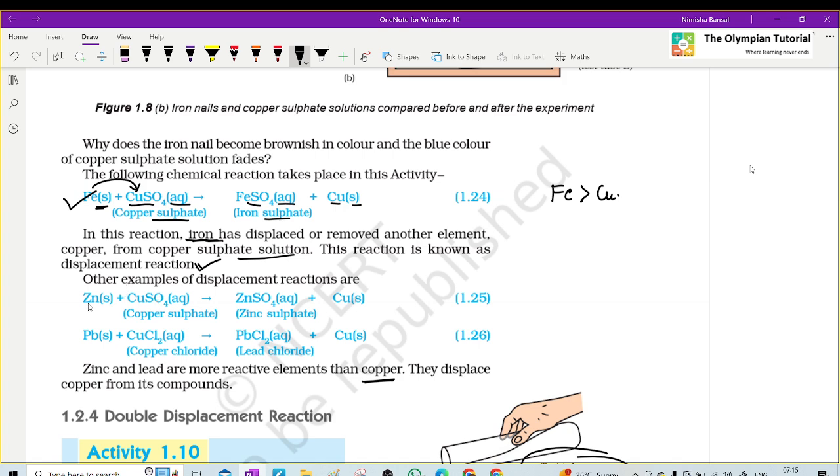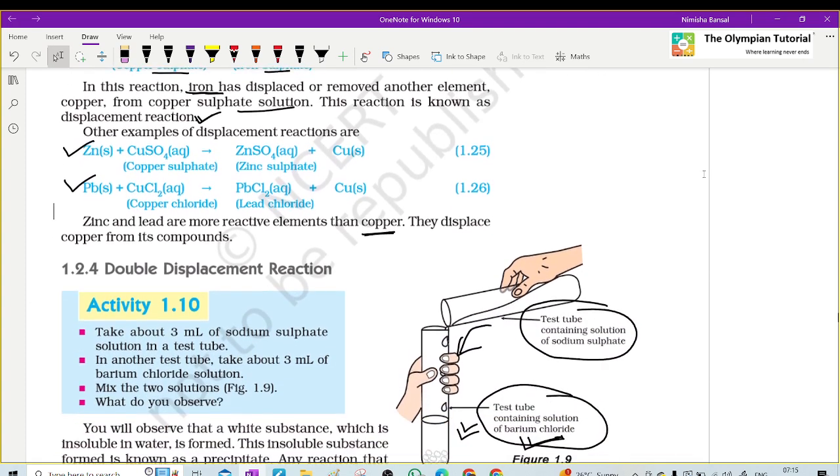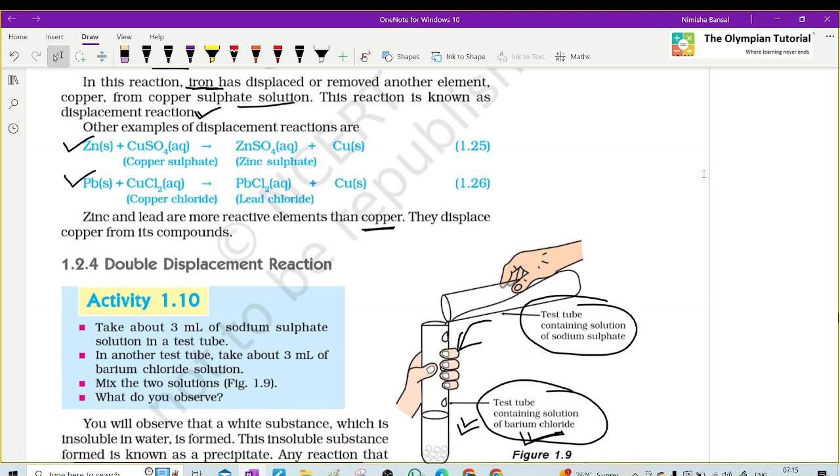Next, other examples of displacement reaction. Write down another example: when zinc, taken in solid form, reacts with copper sulfate in aqueous form, it gives zinc sulfate, aqueous, and copper, in solid form.